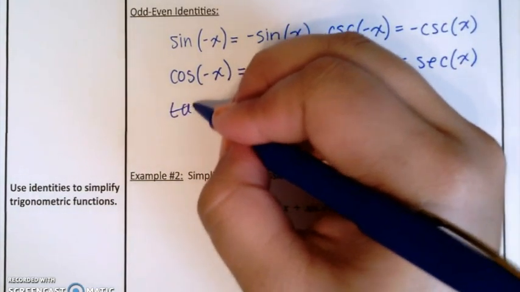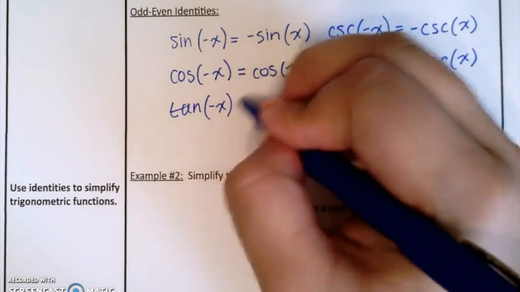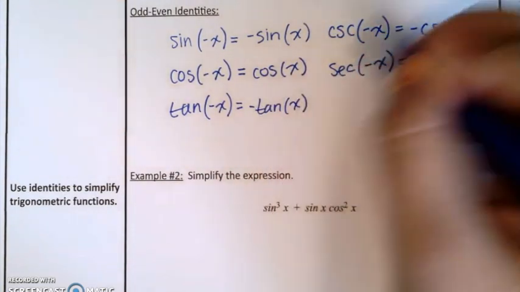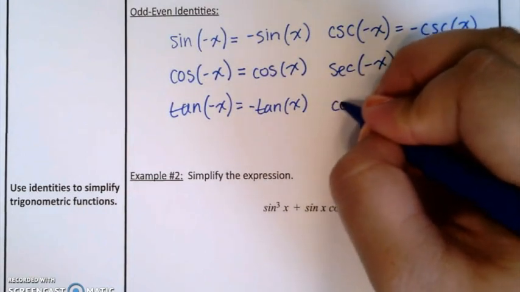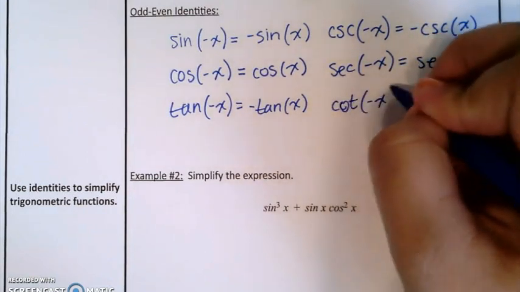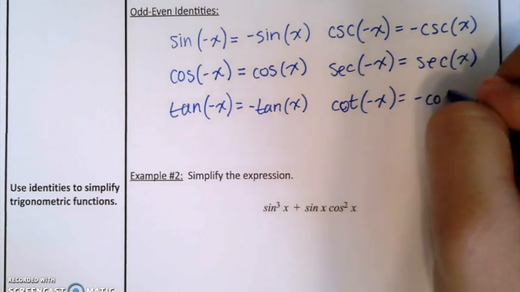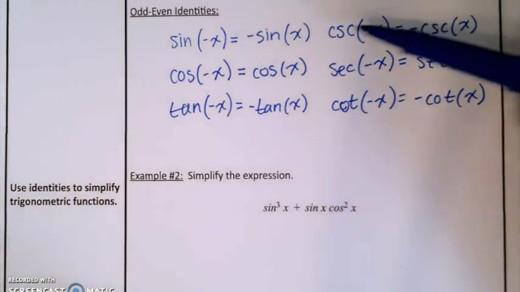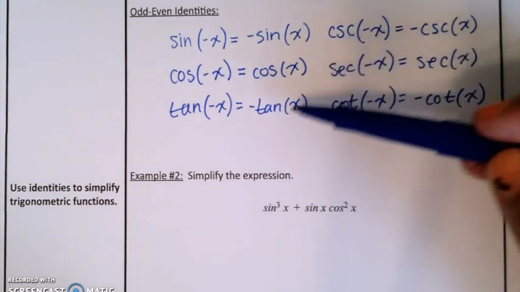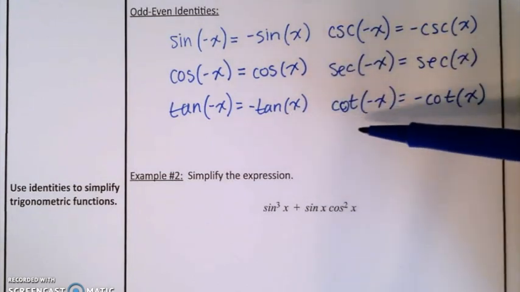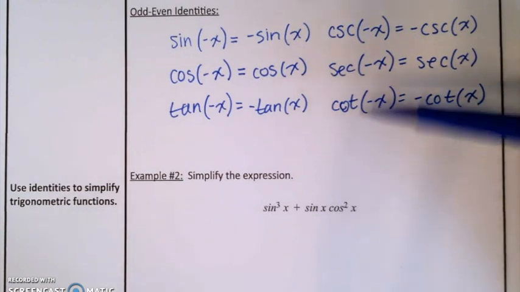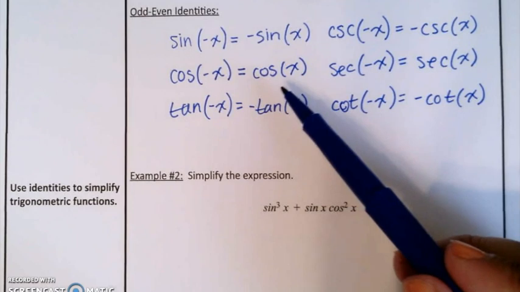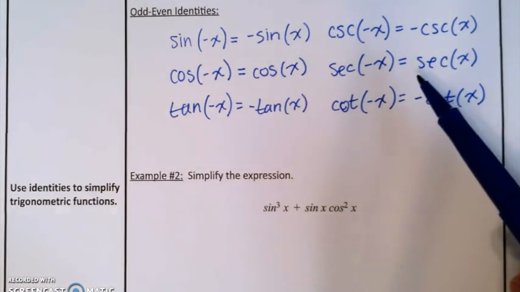We have tangent of negative x equals negative tangent of x, and cotangent of negative x equals negative cotangent of x. All right, we have sine, cosecant, tangent, and cotangent, which are our odd functions, and cosine and secant, which are even functions.